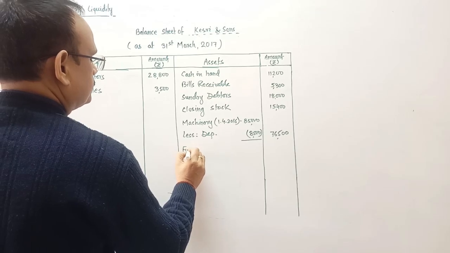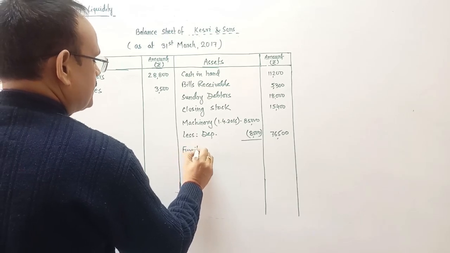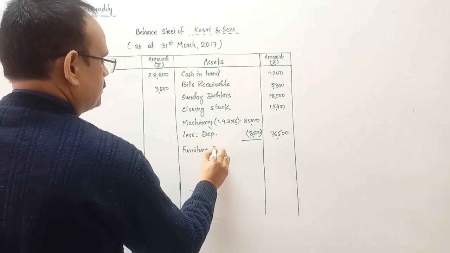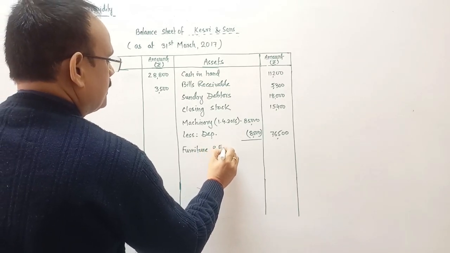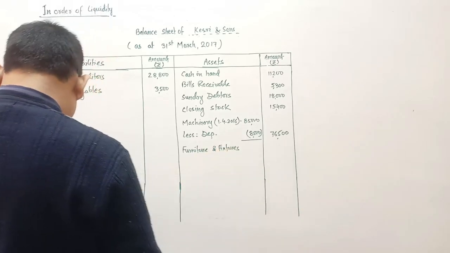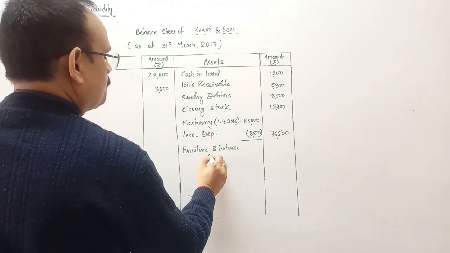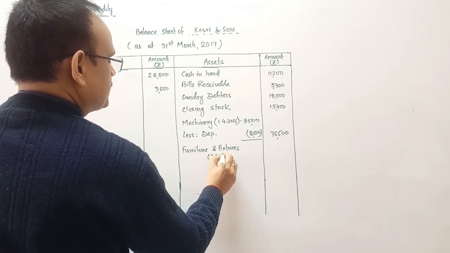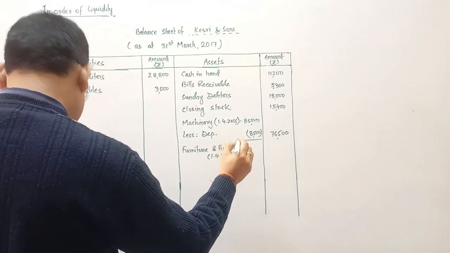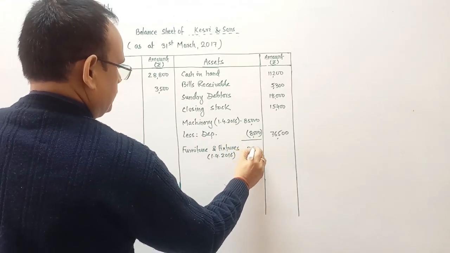Next is your furniture and fixture. These two are fixed assets. Furniture and fixtures on 1st April 2016 is given as 21,000.